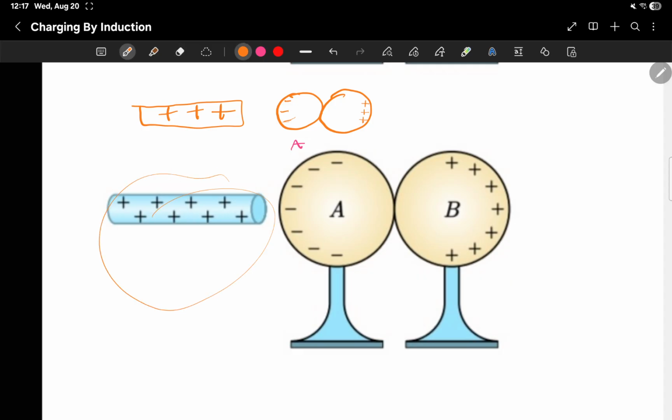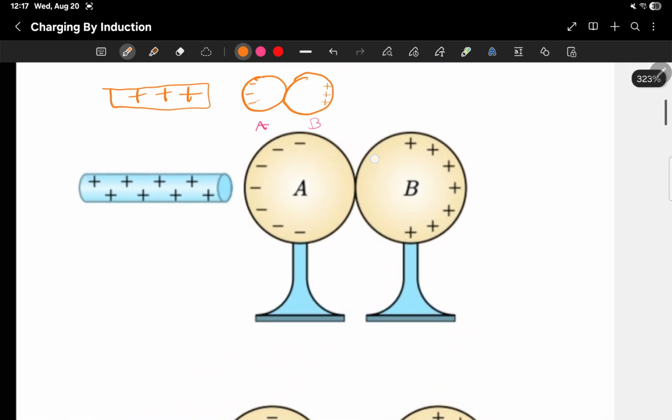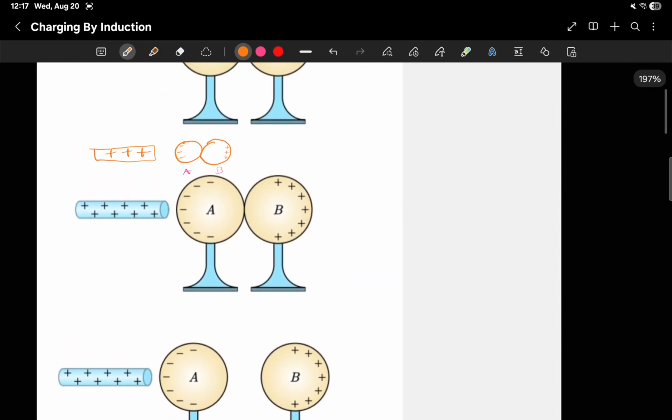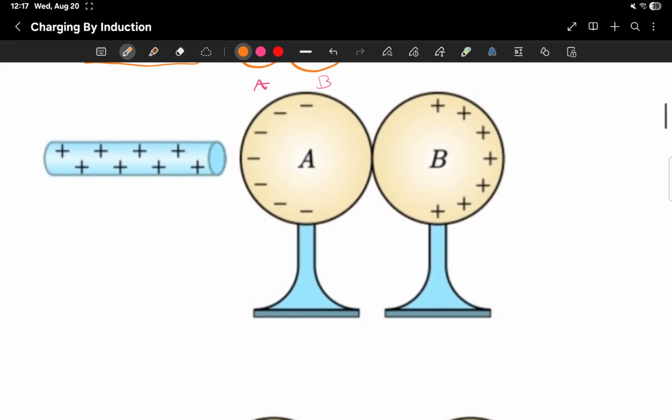And we still have our glass rod here, which is at a reasonable distance away from spheres A and B. So now that we're at this stage, we're going to keep the glass rod here. We're not going to remove it yet.